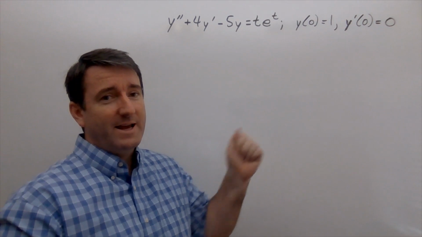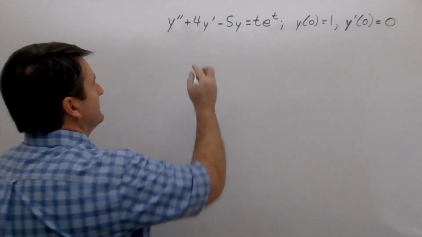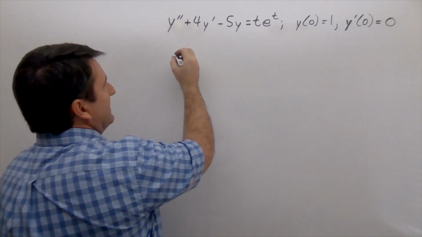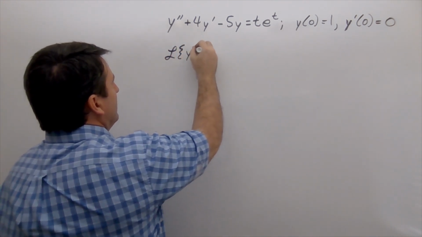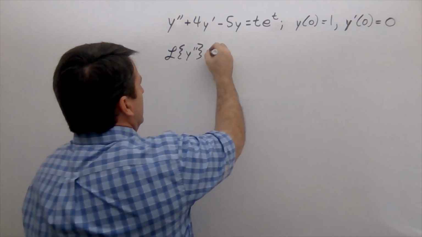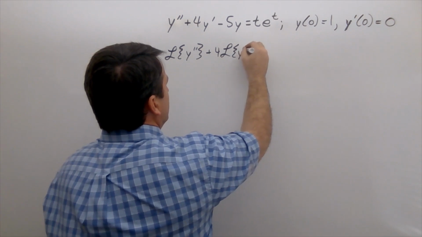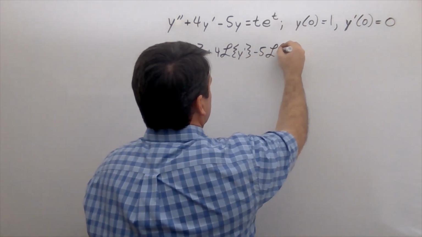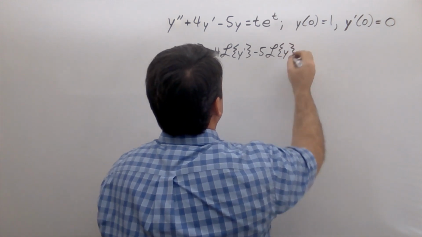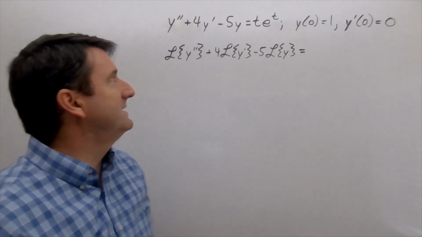All right, here we have our next example. The first thing we're going to do is take the Laplace transform of both sides. So we get the Laplace transform of the second derivative plus 4 times the Laplace transform of the first derivative minus 5 times the Laplace transform of y is equal to t times e to the t.